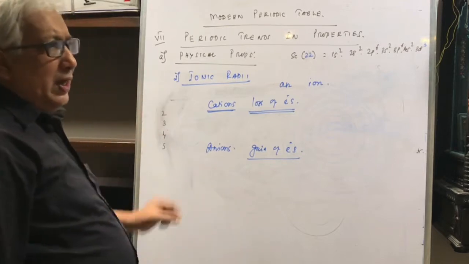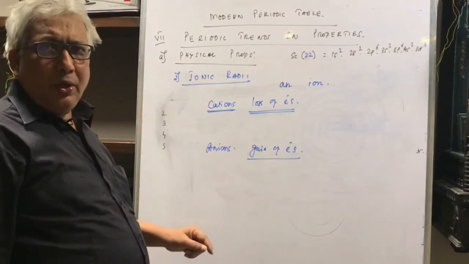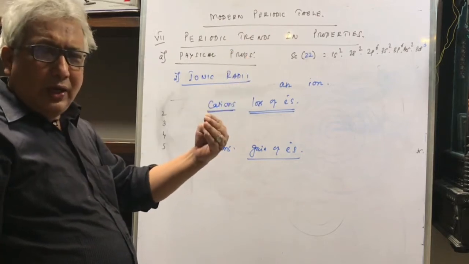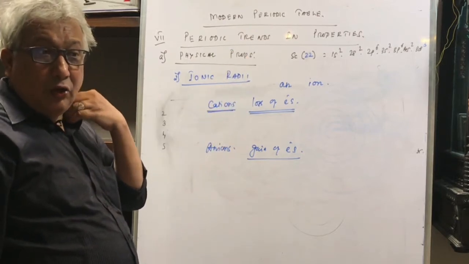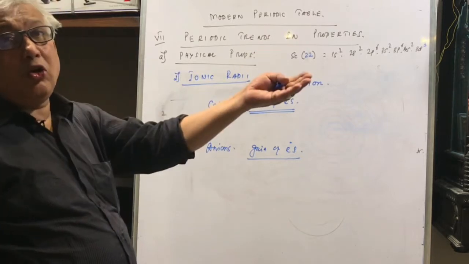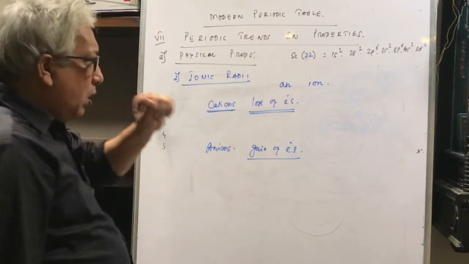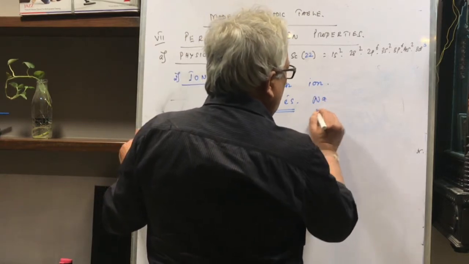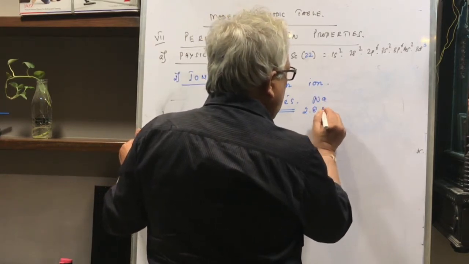So whenever a cation is formed, you will find there is a sharp decrease in the ionic radius. That is, the radius of the ion will be much smaller than the corresponding atom. Let me tell you how. Let us talk about sodium. Sodium has configuration 2, 8, 1.